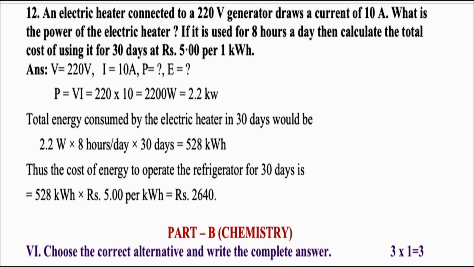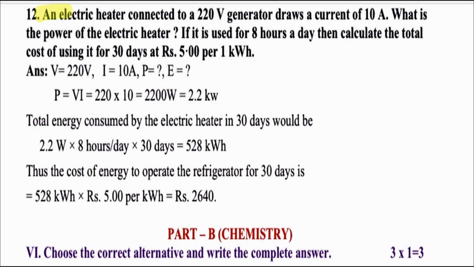Next, 12th question. An electric heater connected to a 220 volt generator draws a current of 10 ampere. What is the power of the electric heater? If it is used for 8 hours a day, calculate the total cost of using it for 30 days at ₹5 per kilowatt hour.